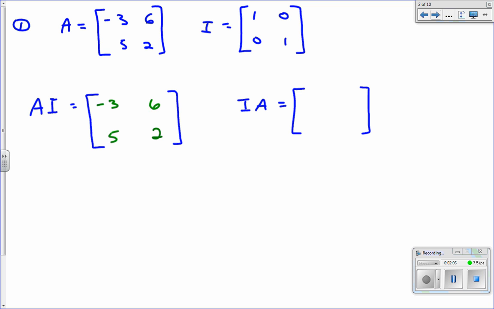So now we'll take I and multiply by A. So we're doing the rows of I by the columns of A. So I've got 1 times negative 3 and 0 times 5, and 1 times 6 plus 0 times 2.